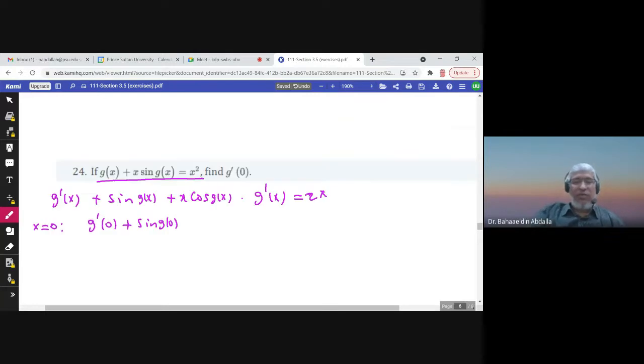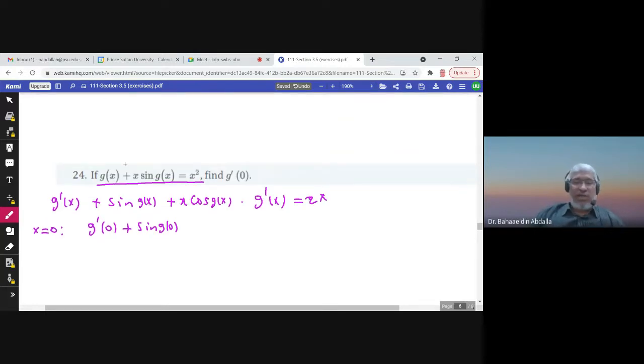To find g of 0, let me replace x by 0 in this equation. So g of 0 plus x times sine g of 0, x is 0, so 0 times sine g of 0, equals 0 squared, which is 0. So g of 0 is 0.